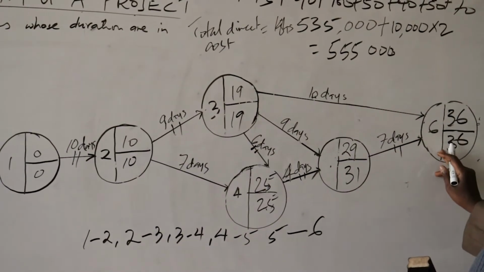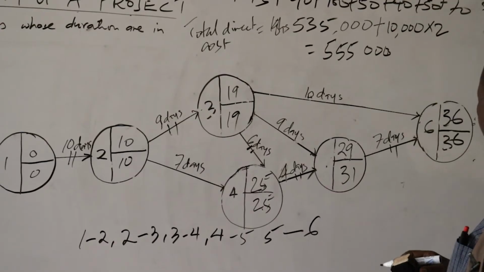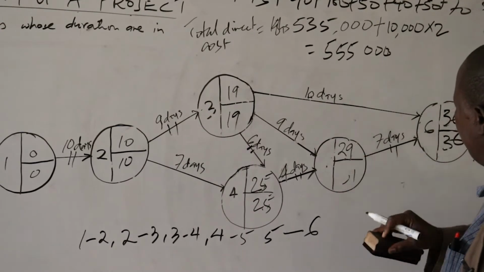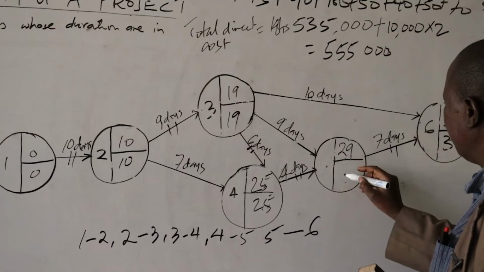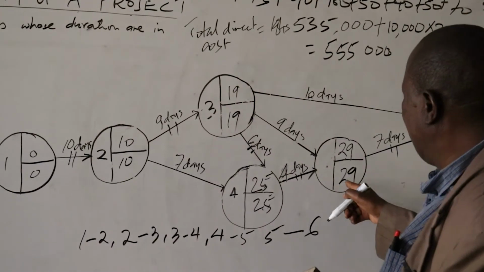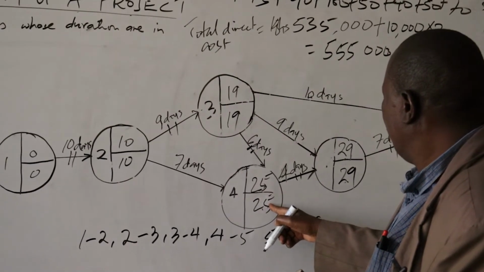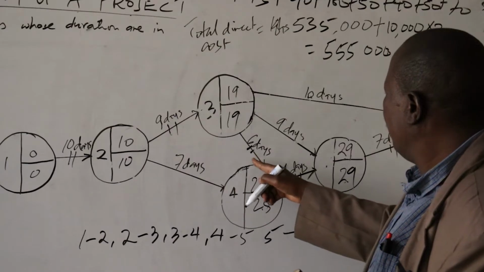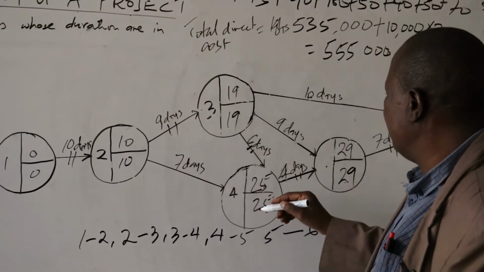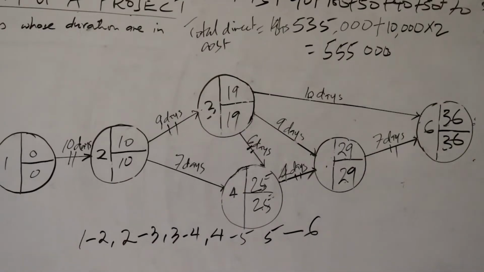Then backward: 36 minus 7 is 29, 29 minus 4 is 25, 25 minus 6 is 19. So the project has been crashed to 36 days at a total cost of 555,000.